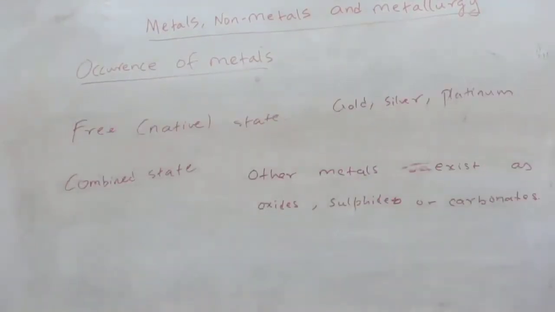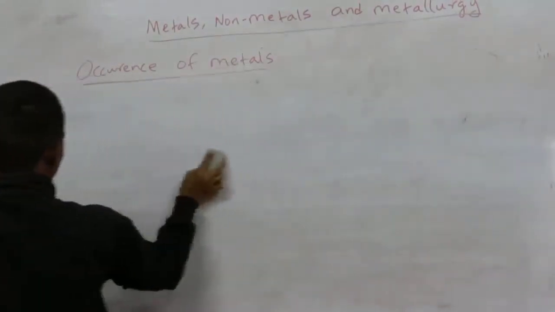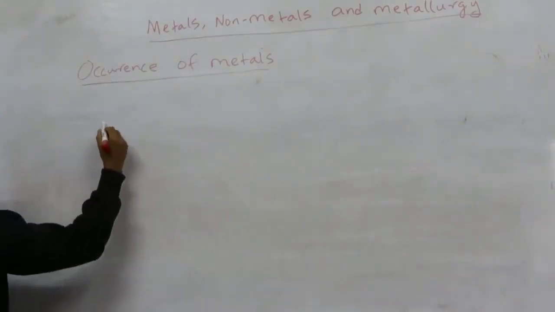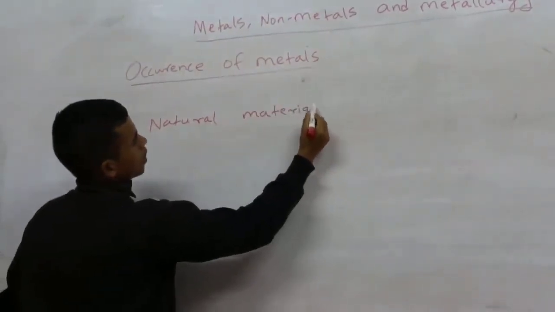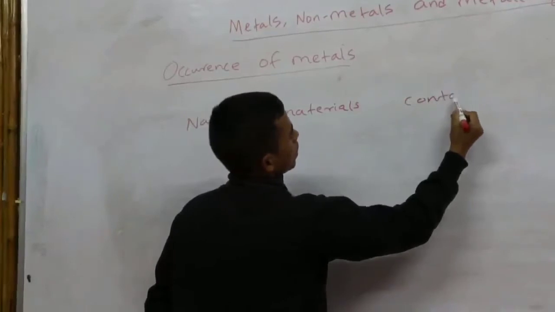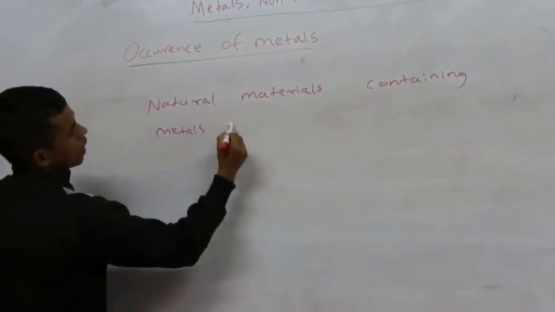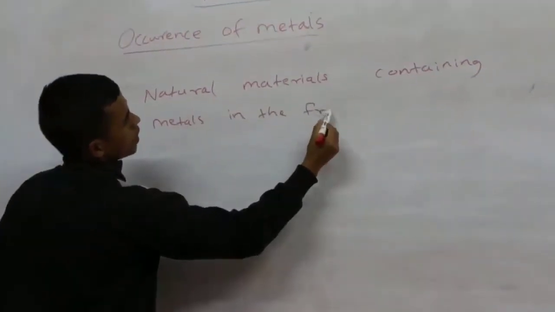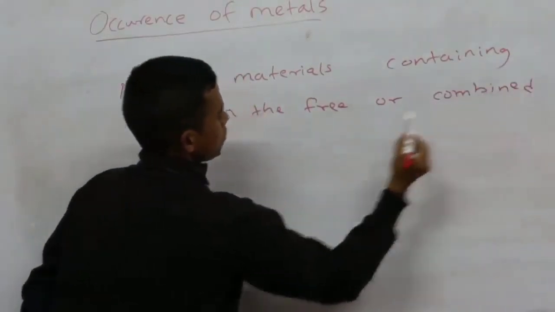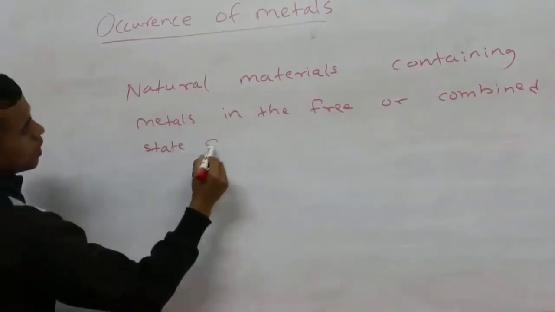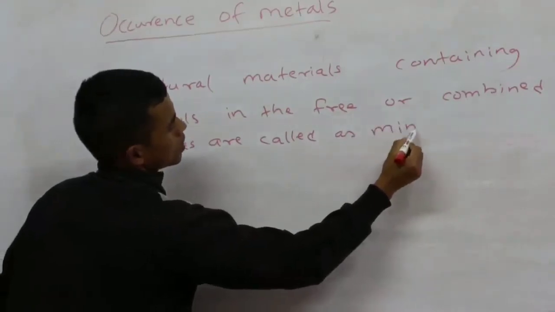Now here we have all the natural materials containing metals either in the free state or in the combined state. They are called minerals.